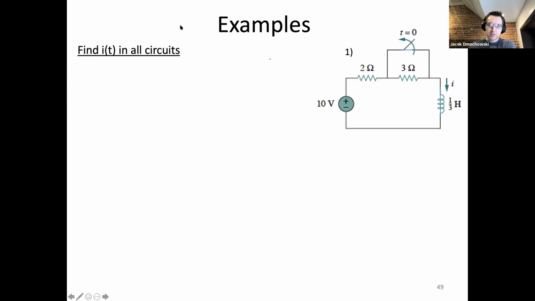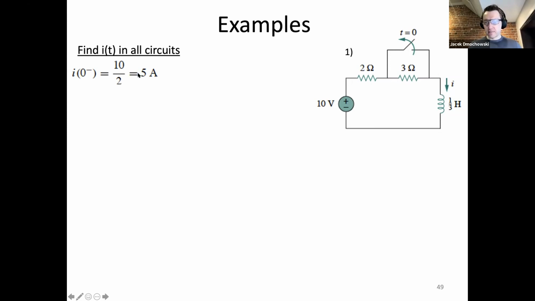So the value at time equals 0 minus is 10 volts divided by 2 ohms, right? Because when the switch is in the closed position and the inductor is a short circuit, then we just have 10 volts and 2 ohms, and that's it.